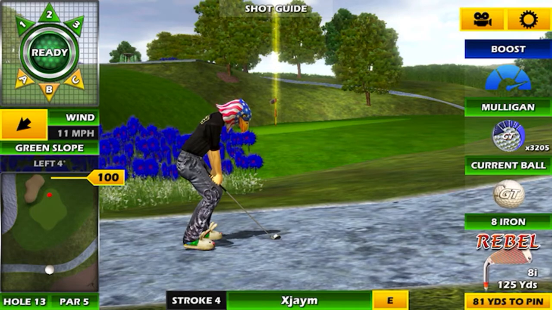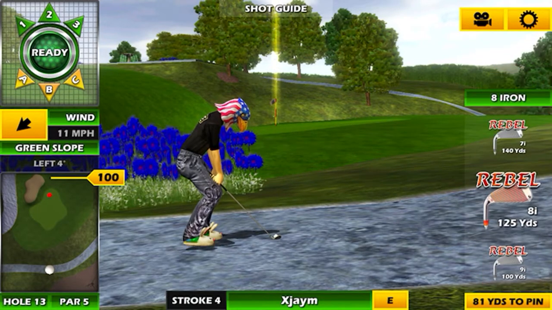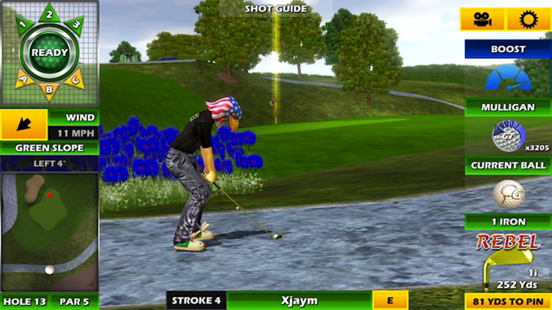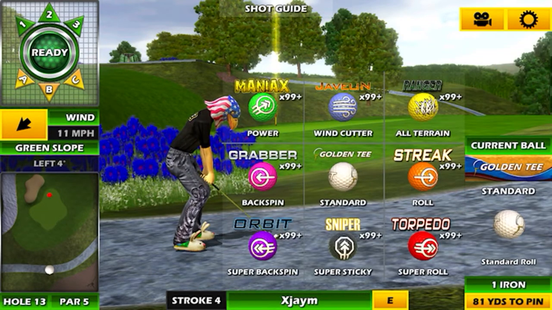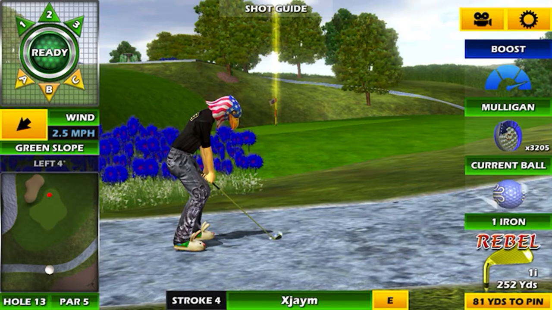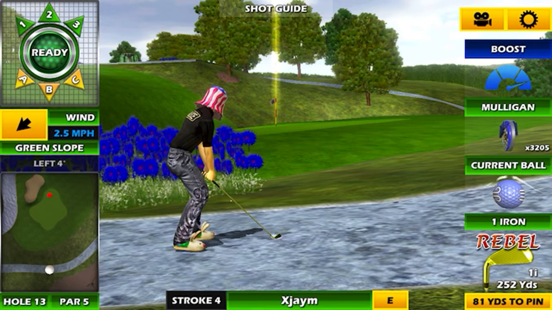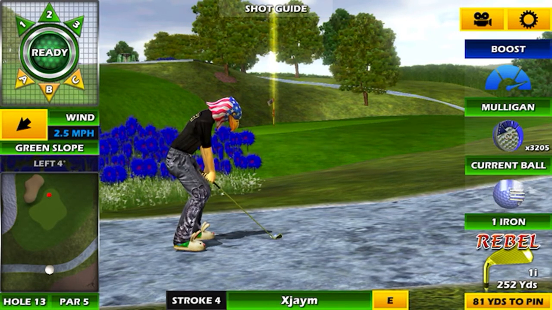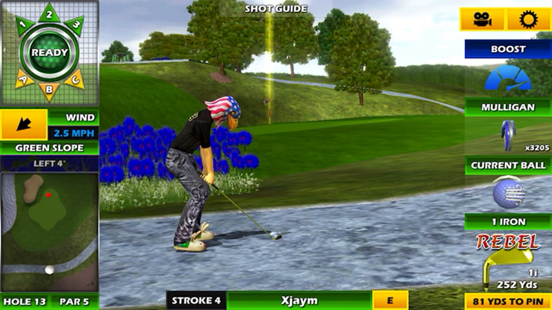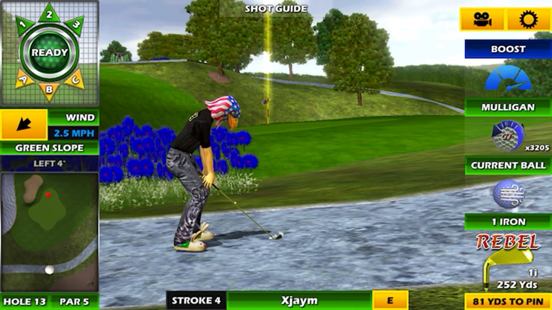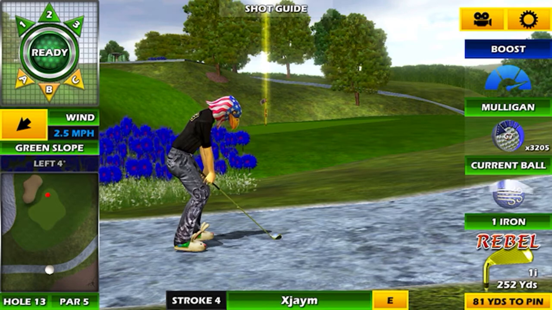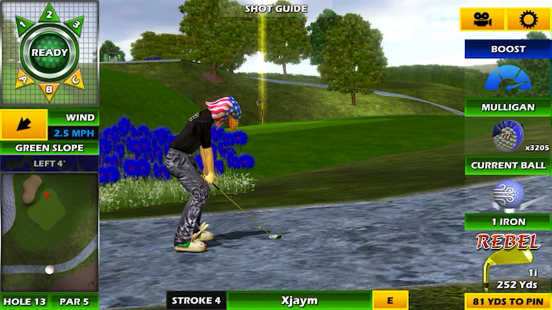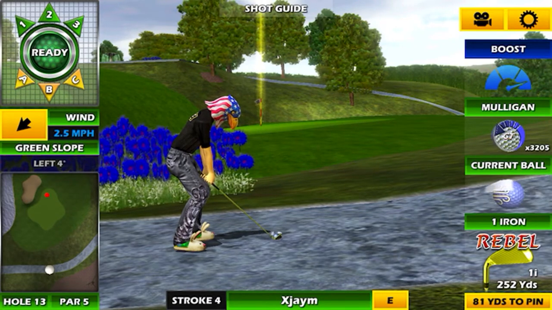We're going to get about 25, so we're going to get a 250 yard club. We're going to apply a wind cutter. Since we have a left 4, but we're doing 4 times the amount, we're going to do 16 clicks: 1, 2, 3, 4, 5, 6, 7, 8, 9, 10, 11, 12, 13, 14, 15, 16. I think I'm at 16.